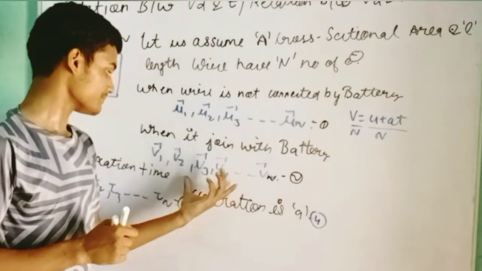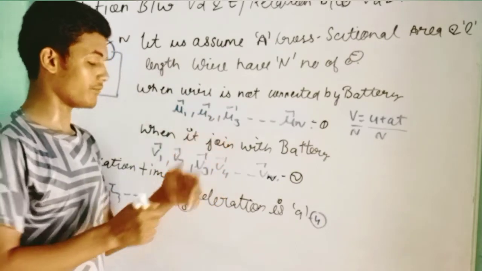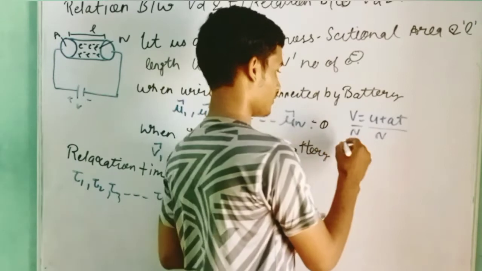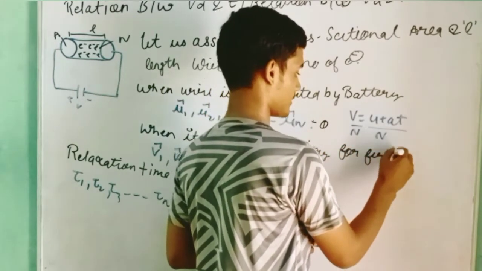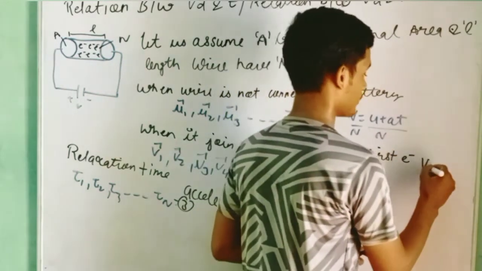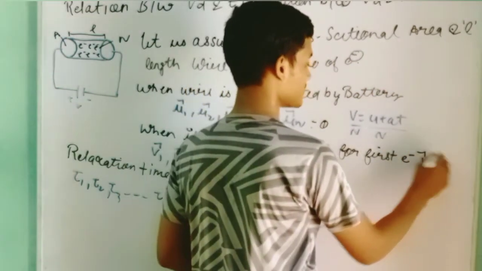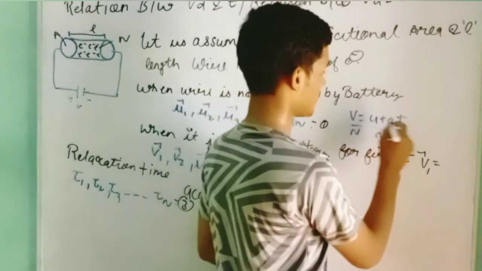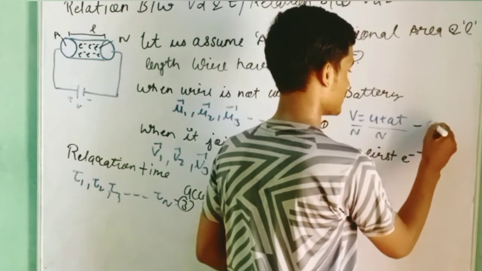From equation first we find for the first electron, that is v1, equation number 5.